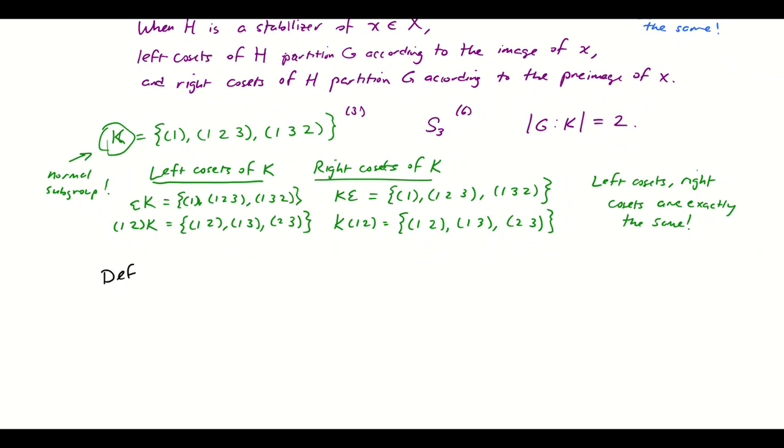All right, so the definition is, let G be a group. It could be finite, infinite, abelian, non-abelian, any group at all.